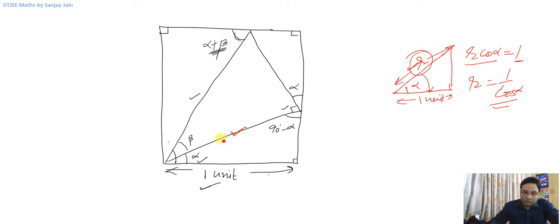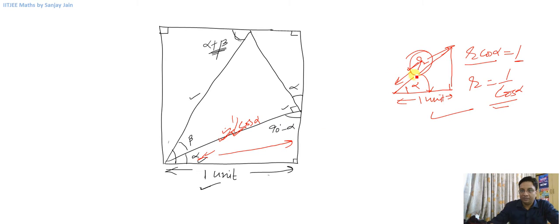So now what is this length? This is 1 by cos alpha, for the reason that I have just explained to you. Okay, so if this length is 1 by cos alpha and this angle is alpha, what will be the side opposite to angle alpha? It will be sine of this angle multiplied by this side.